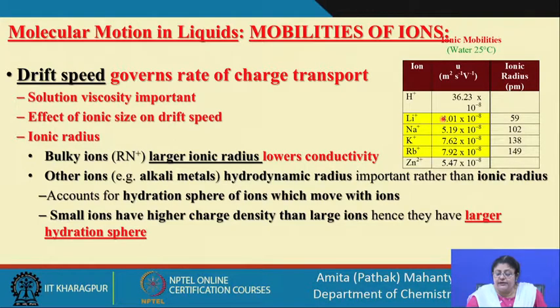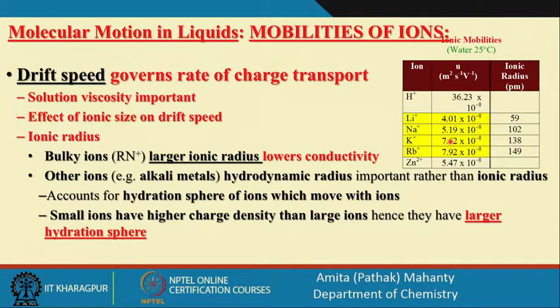Compared to lithium, which is going to be the smallest, if you have the smallest radius, then you should have the highest speed, because radius is inversely proportional to the speed, as we have seen, right. So if it is a smaller ion, you should have a higher speed, but what happens here is that the lithium conductivity is much smaller than that of the potassium ion.